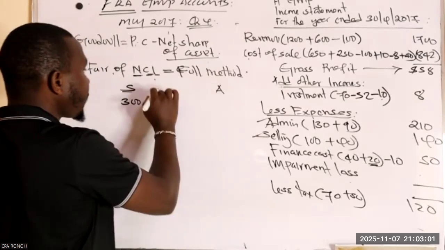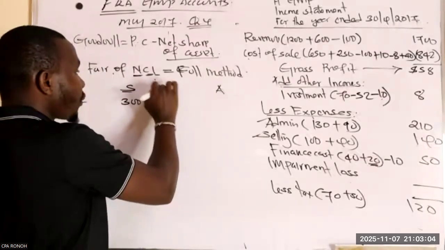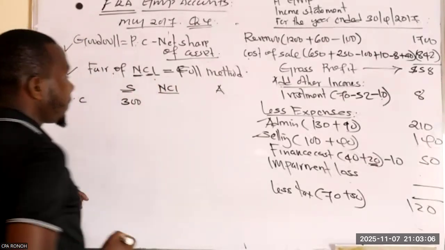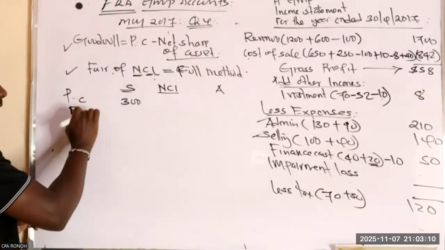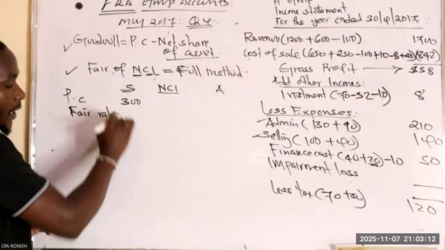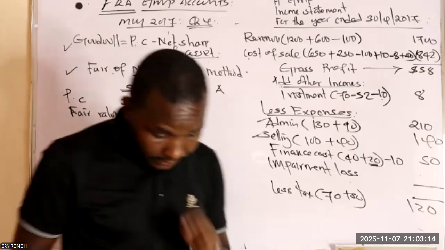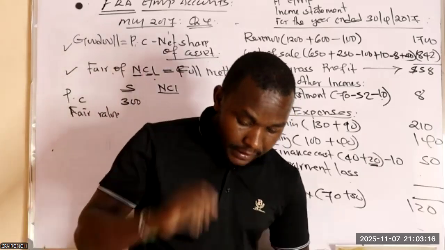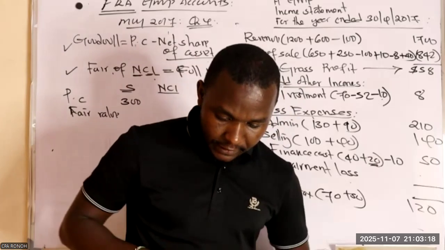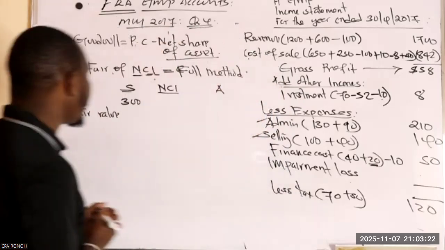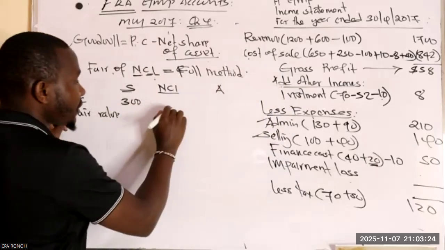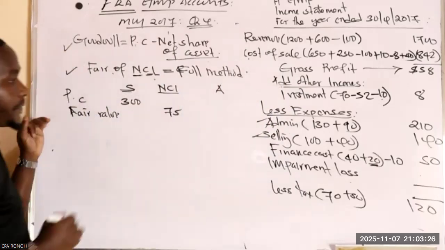So I can also have non-controlling interest here, NCI. The fair value of non-controlling interest, we have been given in note number 2. The fair value of non-controlling interest in Shuka was 75 million. So it's the same as the cost of purchase consideration. I put the fair value 25 there.